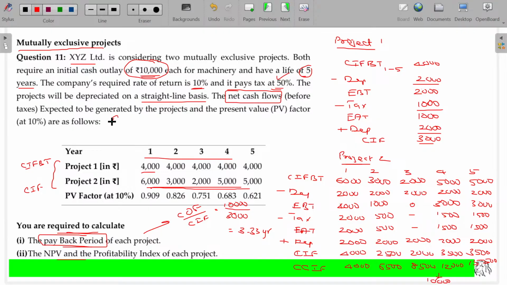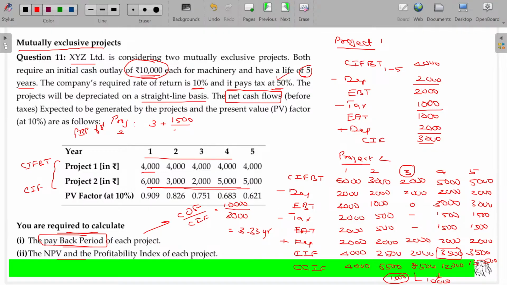Okay, for project 2, payback period. So third year we are almost closer to our required investment, but there's a shortage. The shortage by the end of third year for my required investment being 1,500 in the numerator. The amount of cash inflow in the next year being 3,500.